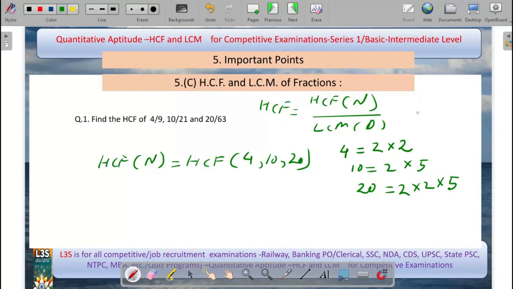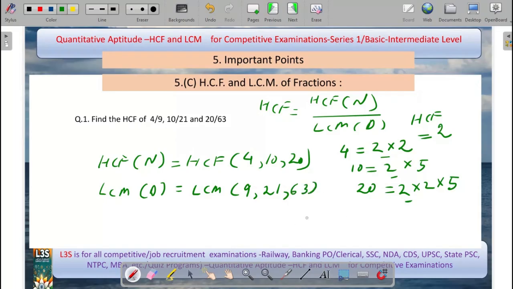So what will be the HCF? Only 2 is common here. So the HCF of 4, 10 and 20 is only 2. Now we have to find the LCM of the denominators, that is 9, 21, 63.